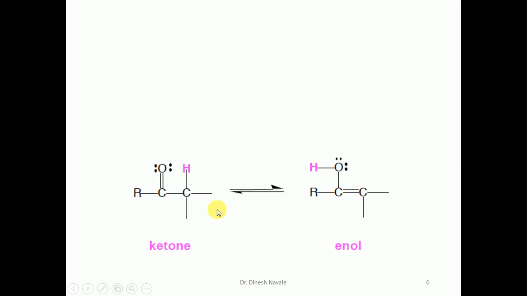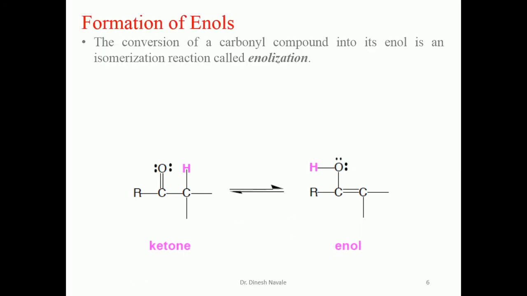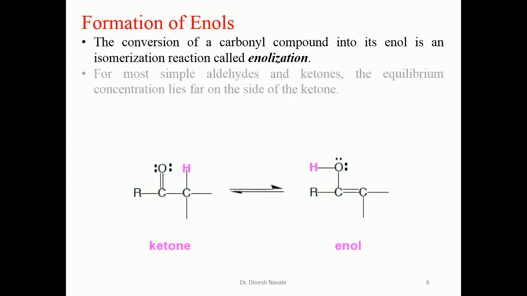The conversion of the carbonyl compound into its enol is an isomerization reaction called enolization. In simple language, the conversion of the carbonyl compound into the enol is called enolization, and both keto and enol have the same molecular formula but different structural formulas, so they are isomers of each other. Ketone and enol are isomers of each other.